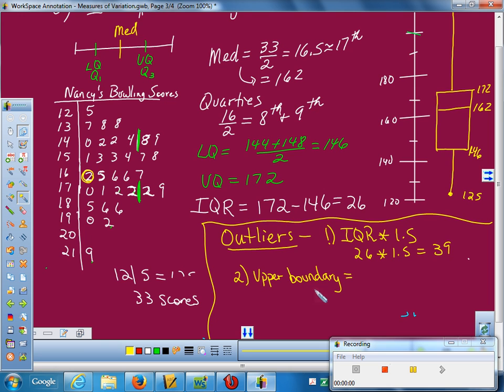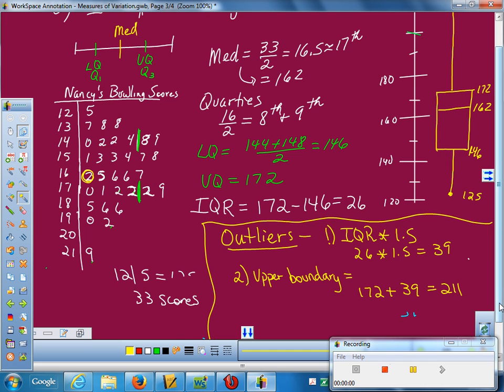So the top edge of our box is 172 plus the 39 we just calculated. That's 211. That's the boundary. If you have any numbers above 211, they're outliers. 211 is not an outlier. 211 is just the boundary where outliers start.